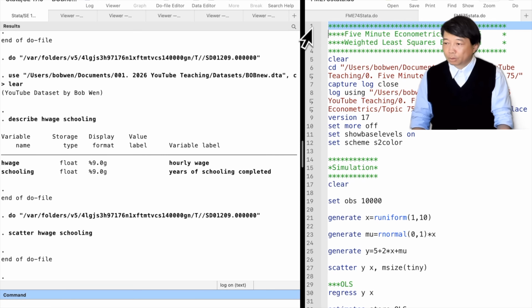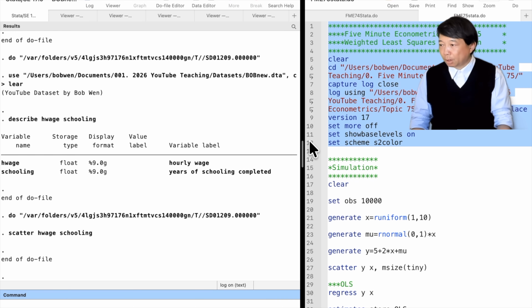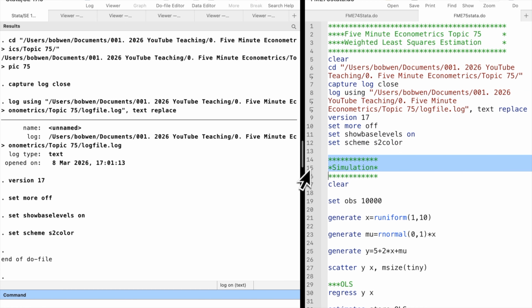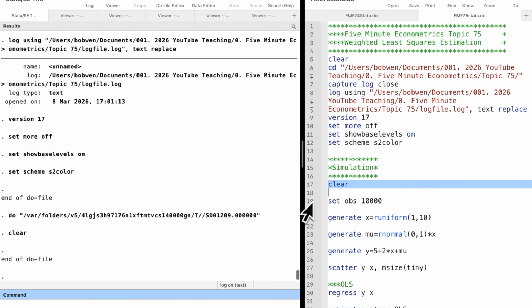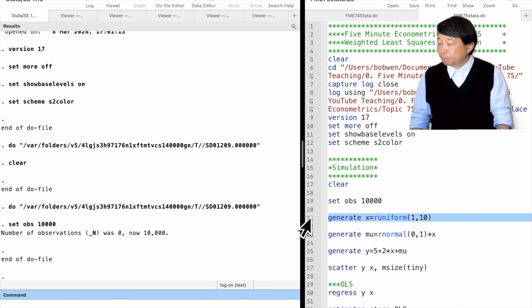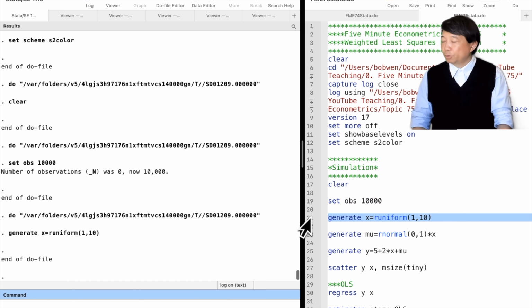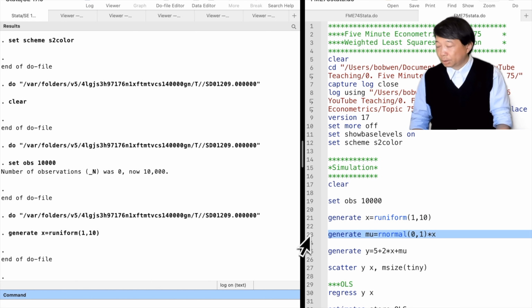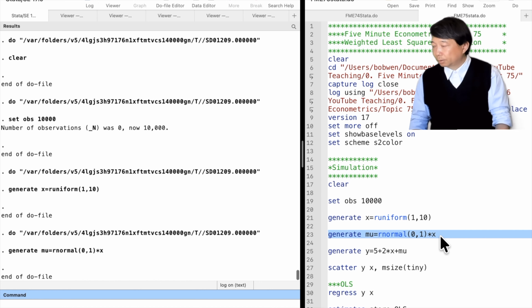In Stata, we begin by setting the number of observations. Next, we generate the explanatory variable, which follows a random uniform distribution. A key part of this setup is the error term, denoted as mu. This error term is defined as a standard normal variable multiplied by the explanatory variable x.